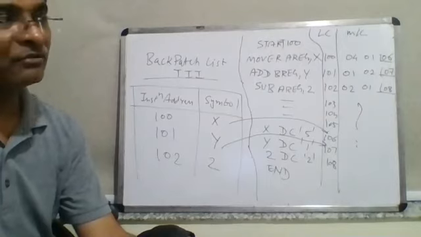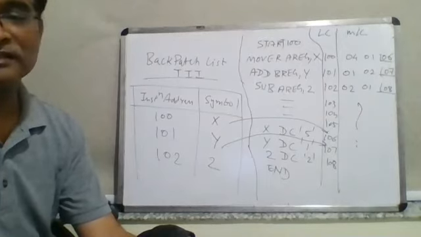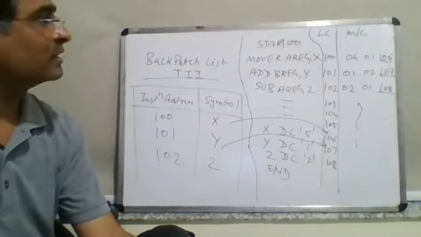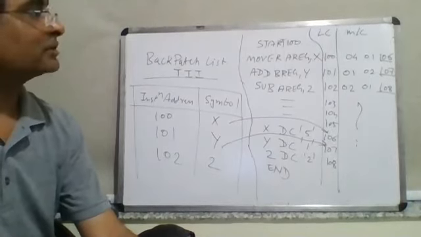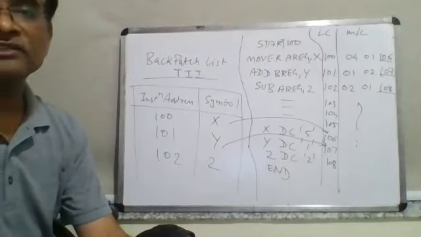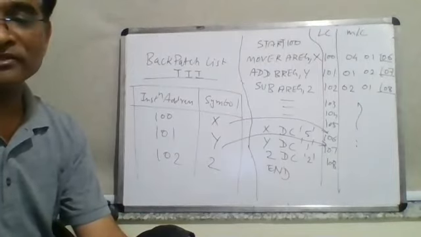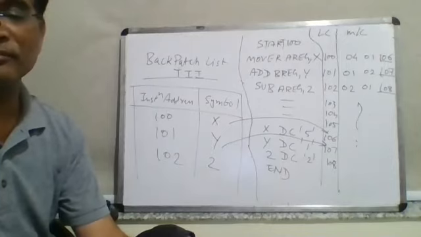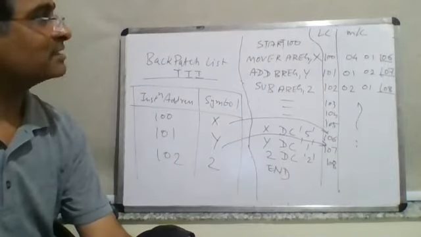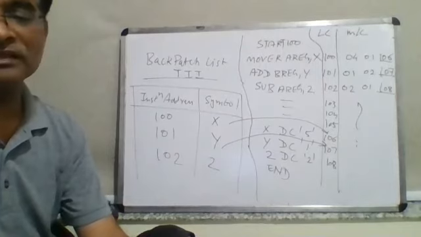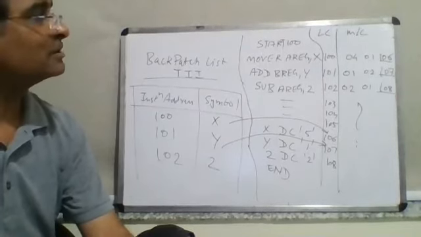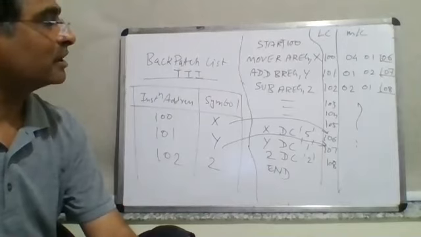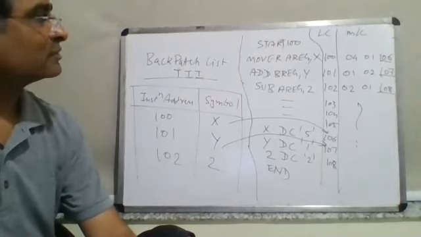Then we build up all the data structures like the symbol table, and we also perform the LC processing, that is, location counter processing, and construct the intermediate code representation. That is the work done by the first pass. And the second pass is pretty simple, and what we do is just the synthesis. We synthesize the target program. So we generate the machine code from the available intermediate code and the data structures from pass 1.